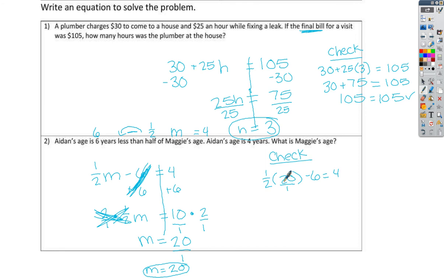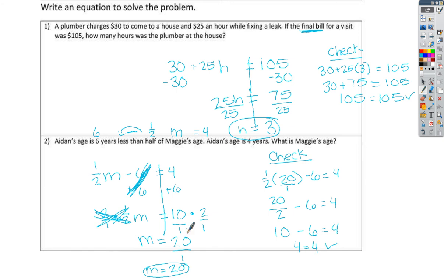So 1 times 20 is 20, and 2 times 1 is 2, minus 6 equals 4. 20 divided by 2 is 10. Bring down that minus 6 equals 4. 10 minus 6 is 4 equals 4. This is true, so m equals 20 is our answer.